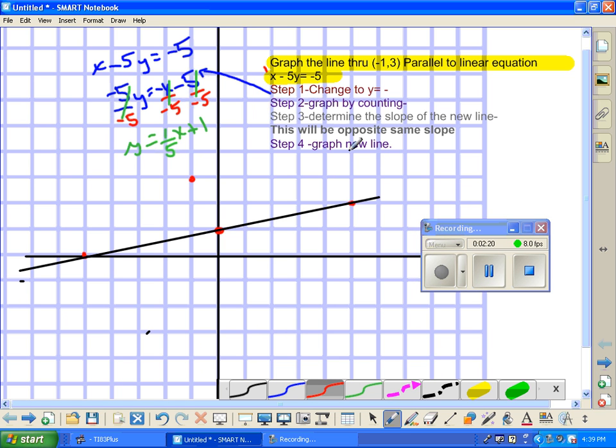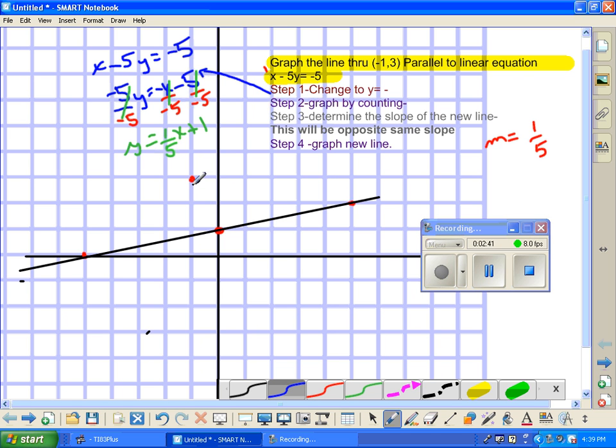So we know parallel lines have the same slope. So we will use our same slope, m equals 1/5. So our slope is 1 over 5. If we go down, we're going to use the blue.